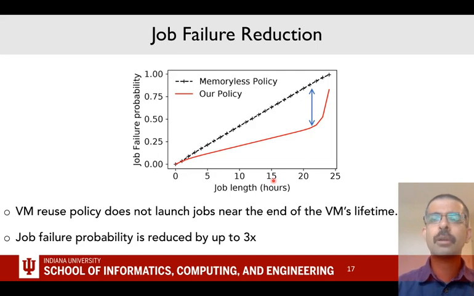So this is a classical exponential distribution that is shown by the black line here. And as you can see, for increasing job lengths, using our model-based policy, we can reduce the job failure probability by up to 3 times for jobs of certain length. And in all cases, our policy yields lower failure rates compared to the current memoryless distribution models.